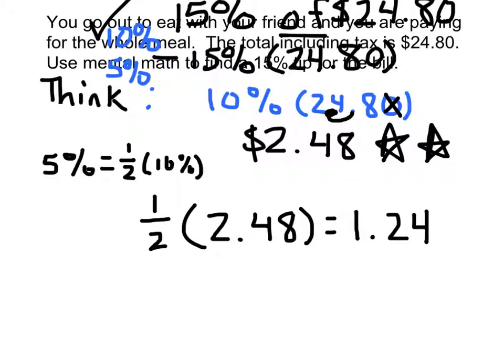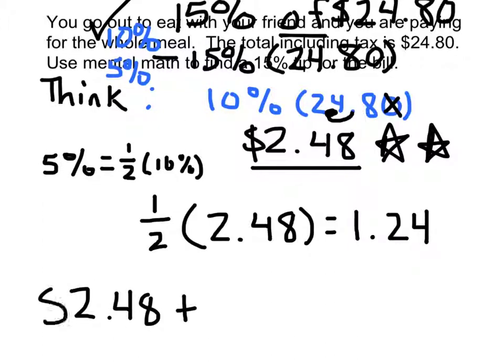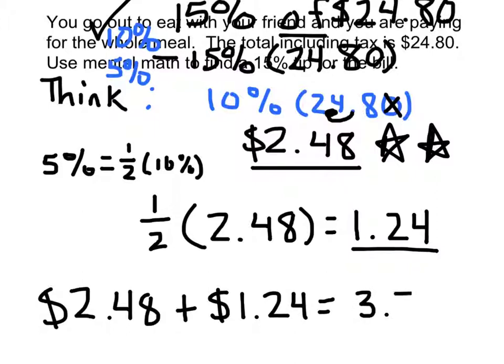$1.24. Now, to finish up this problem, we are going to take the 10% tip, which is $2.48, plus the 5% tip, which is $1.24, and we're going to add those two together. When we add those two together, we get $3.72.